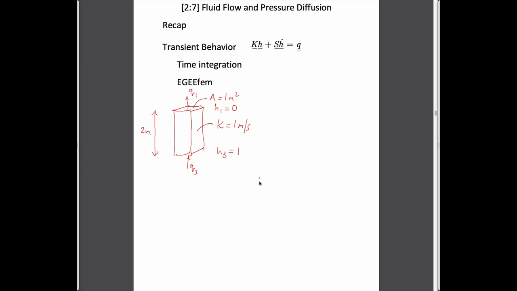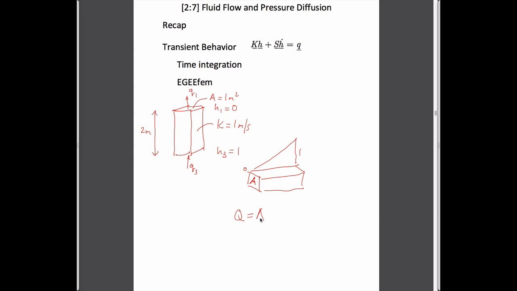Well, probably easier to think about it in this kind of orientation, right? So head of 1, head of 0, area. So we write Darcy's law.